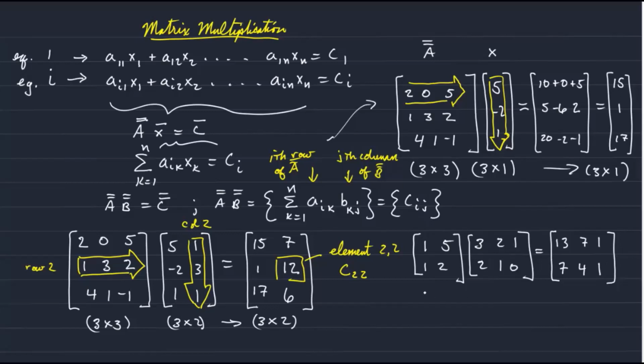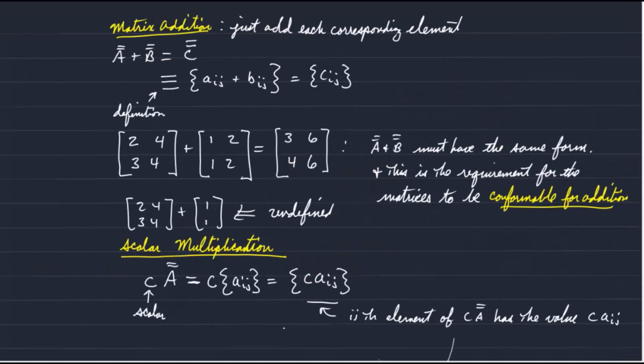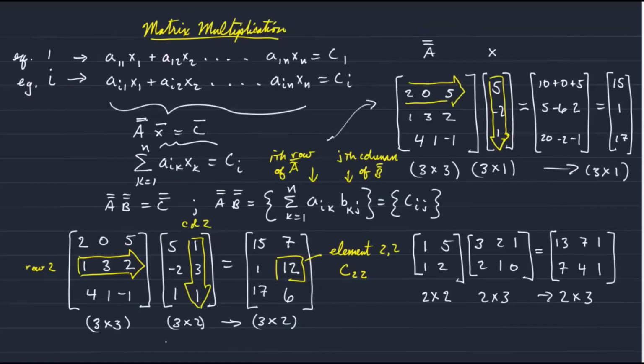And this was an example of a 2 by 2 times a 2 by 3, and that gives a 2 by 3 matrix. And you should notice here that in each of these cases, the inner dimensions, when we put our two matrices together, are the same.